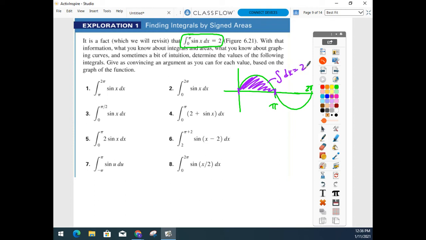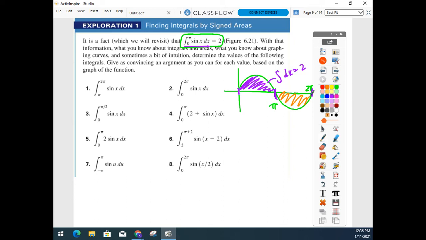So use what you know about integrals and area and the curve to determine the values. All right. So what this is saying is if the area from 0 to pi is 2, number 1 is saying what is the integral value from pi to 2 pi? Well, does it make sense?